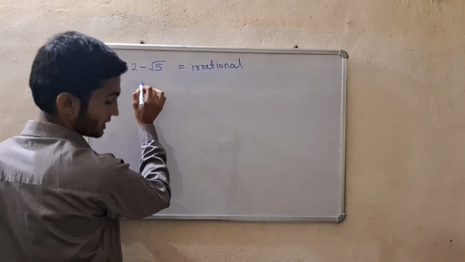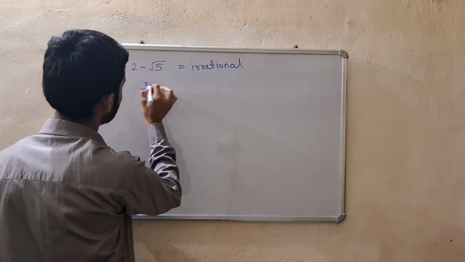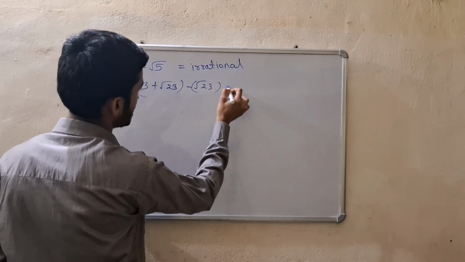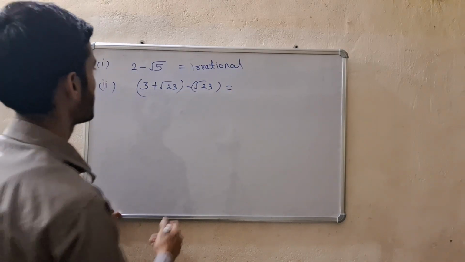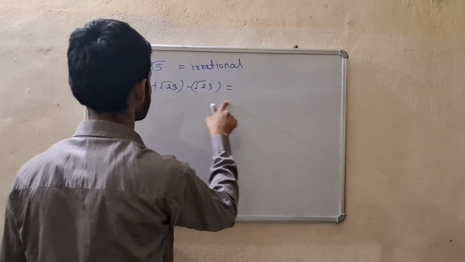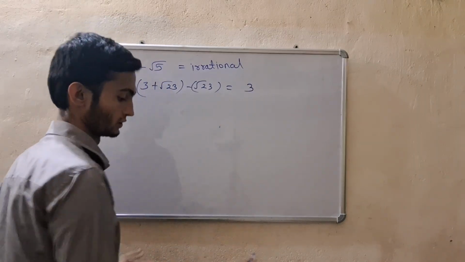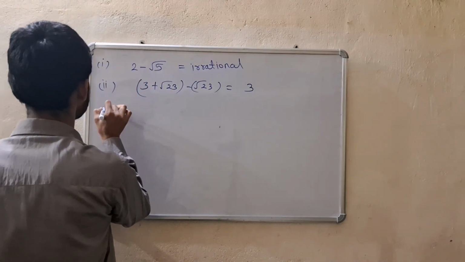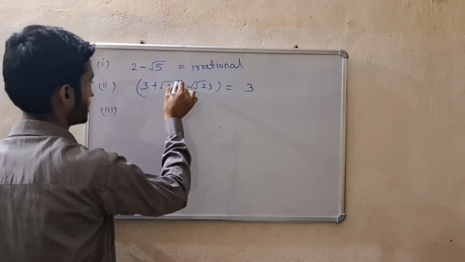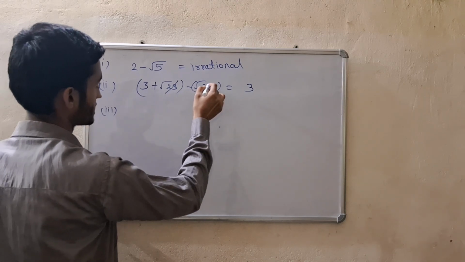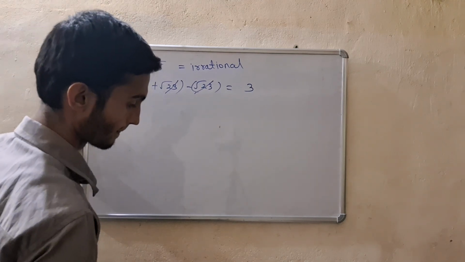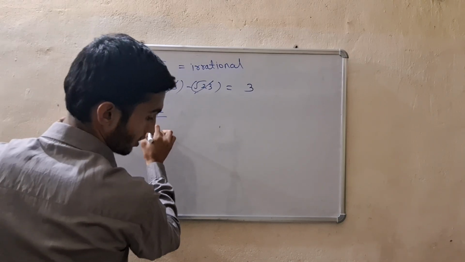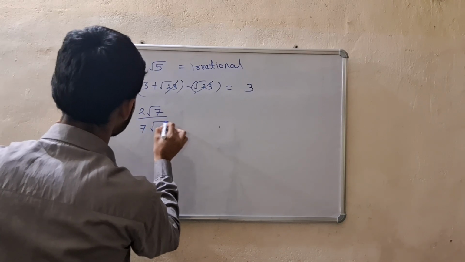And the second one is this: 3 plus square root of 23 minus square root of 23. So first we simplify it, okay? So what do we get? On simplifying this expression, we get 3. So this is clearly rational, because the positive square root of 23 gets cancelled by the negative one. And the third one is 2 times square root of 7 upon 7 times square root of 7.